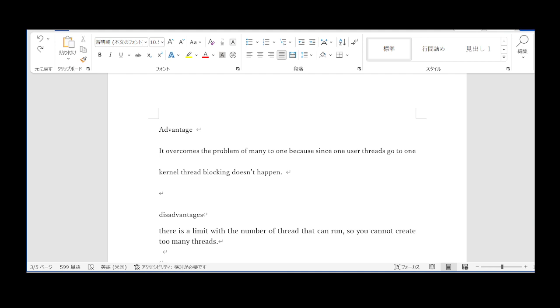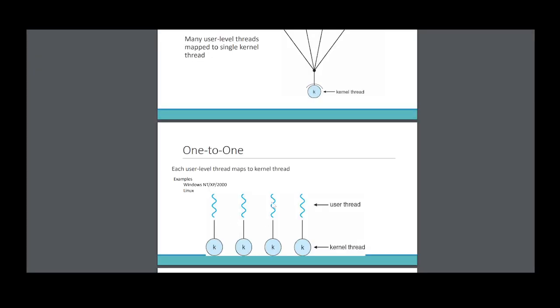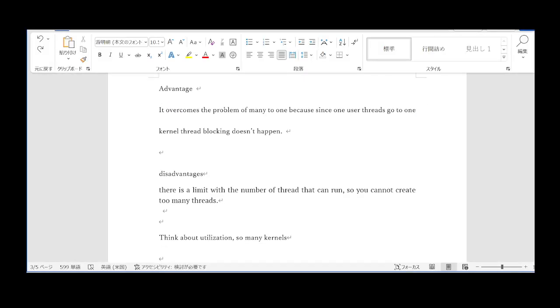But the disadvantage is that there's a limit on the number of threads that can run, so it cannot create that many kernel threads. This is the problem.